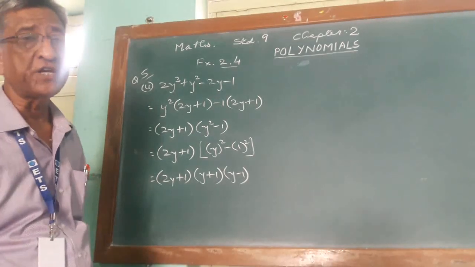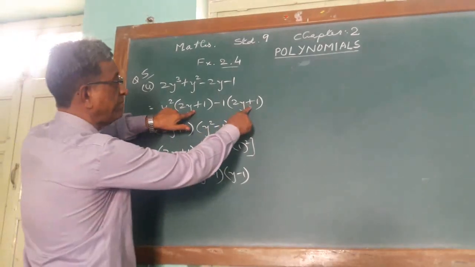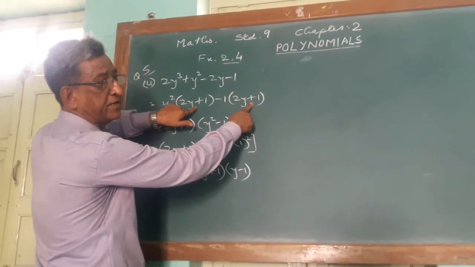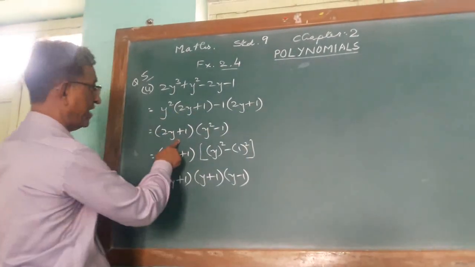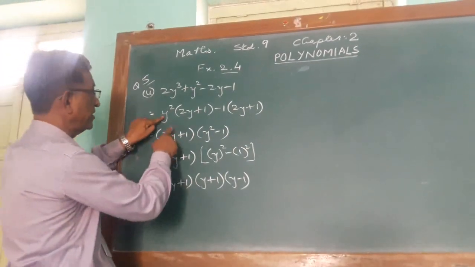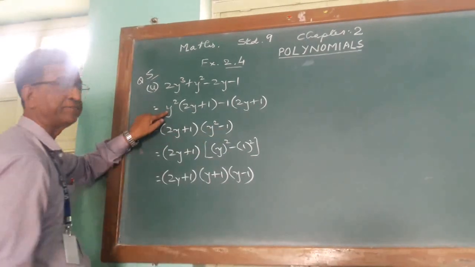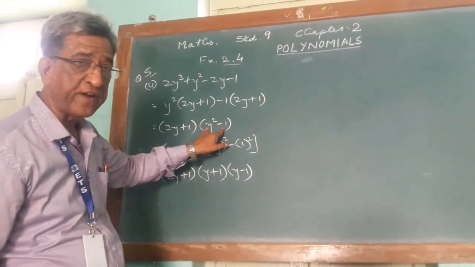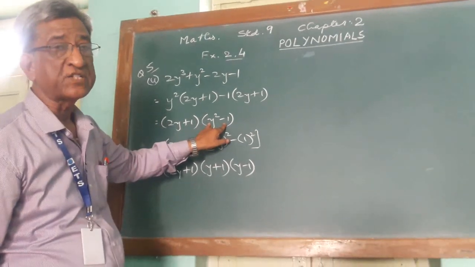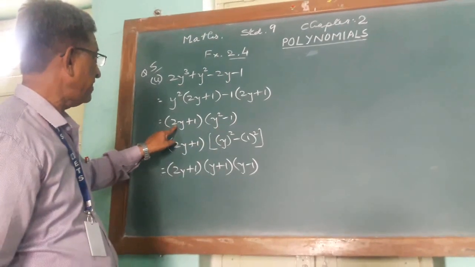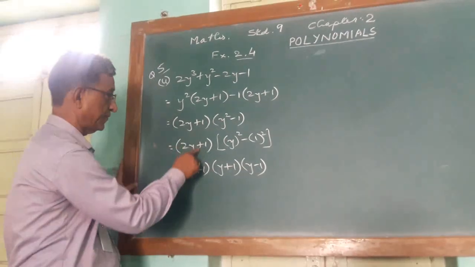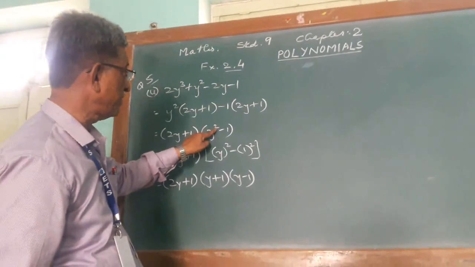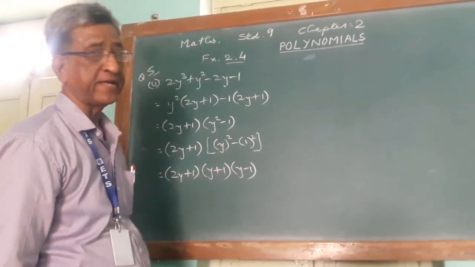Here you can see in both the brackets the same term is there, 2y plus 1. Take it out common, 2y plus 1, and the remainder is y square minus 1. Again you can further factorize. They both are squares. Keep 2y plus 1 as it is. y whole square, 1 whole square.